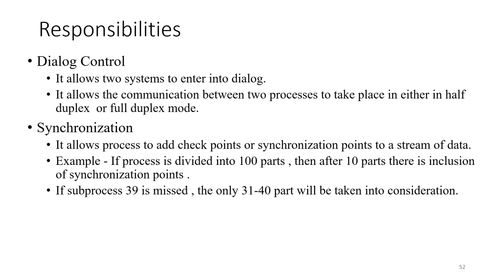We can take only that particular part into consideration. In this case, only the part from 31 to 40, which includes 39, will be taken into consideration and the remaining parts will not be affected. That is the significance of synchronization points.